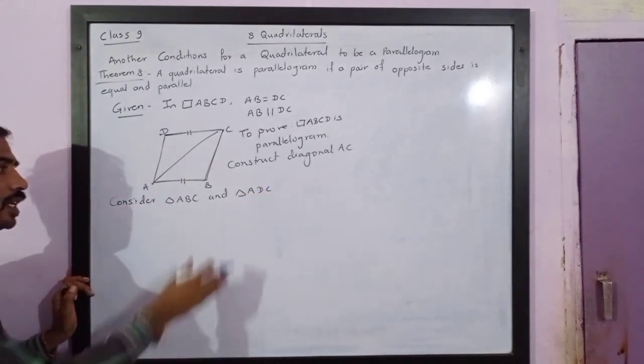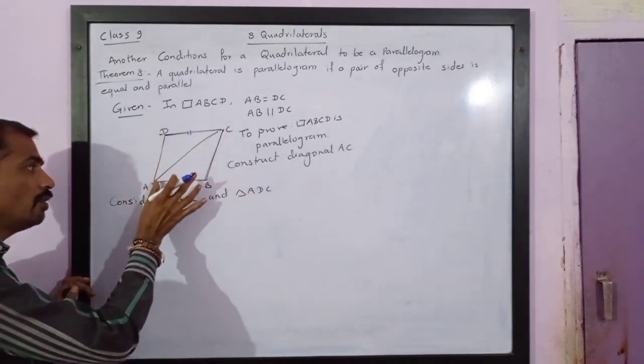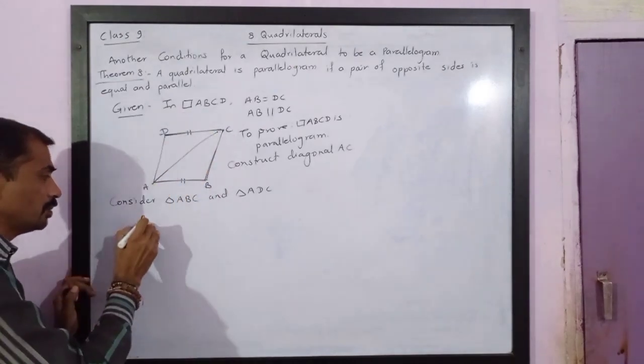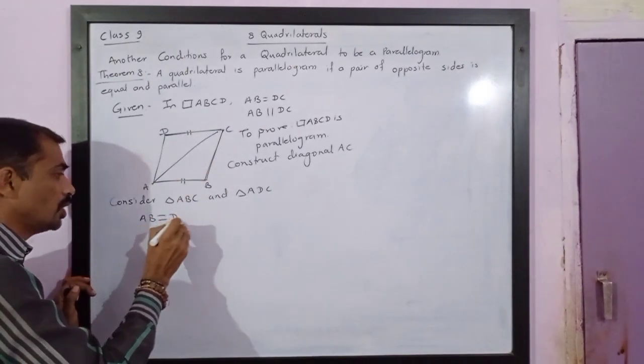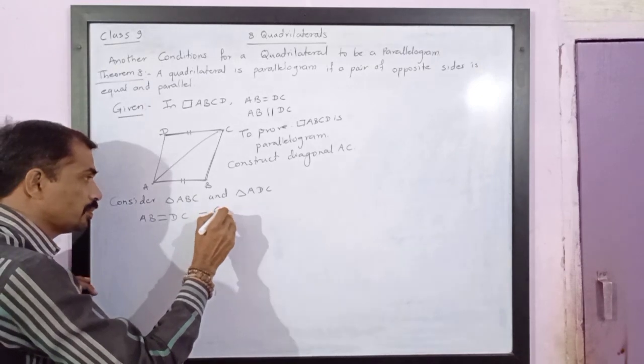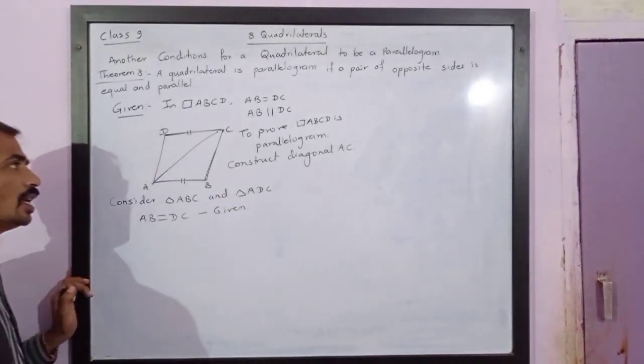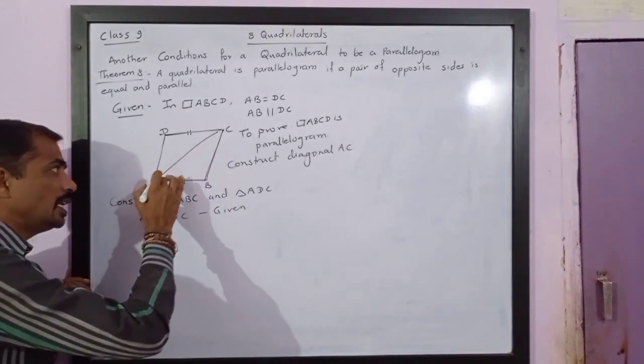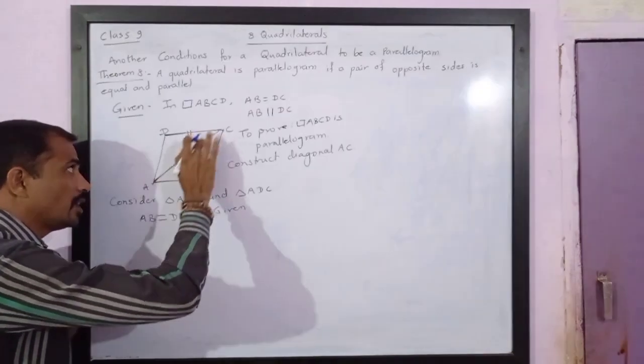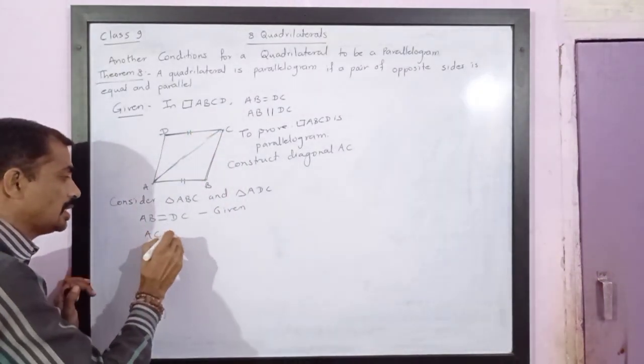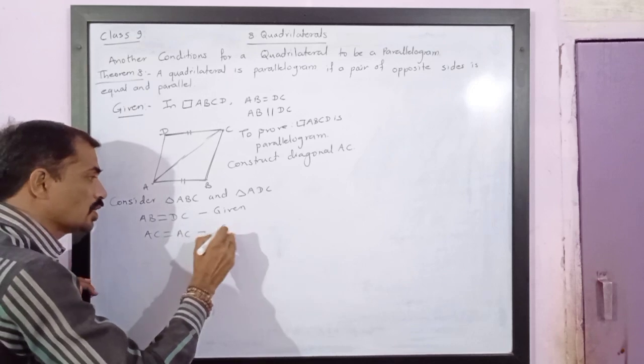Now watch carefully. In these two triangles, we are given that AB equals DC. This is given to us. Then, looking at the figure, AC is a common side, so AC equals AC. The reason is common side.